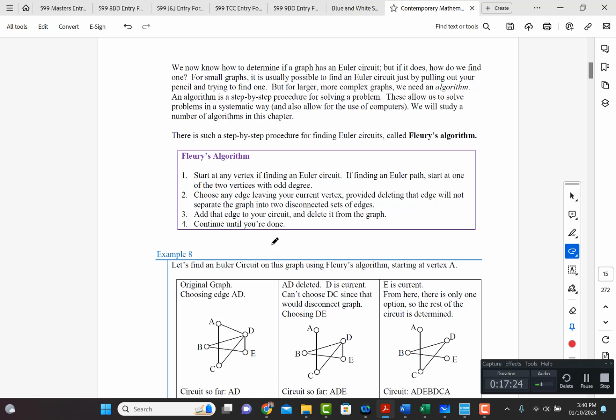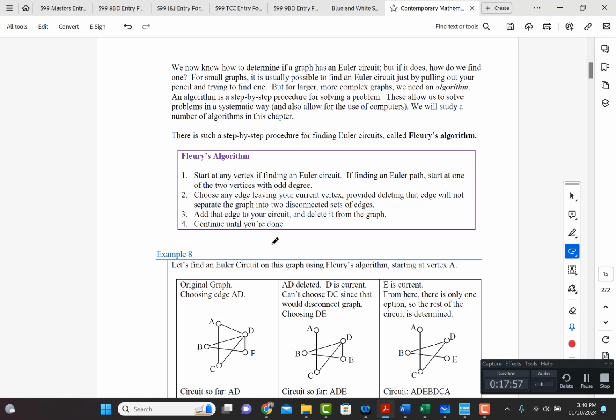But for larger and more complex graphs, we need an algorithm. An algorithm is a step-by-step process for solving a problem. So we need some sort of process on how we're going to find these circuits. These allow us to solve problems in a systematic way. Or obviously we can use computers.